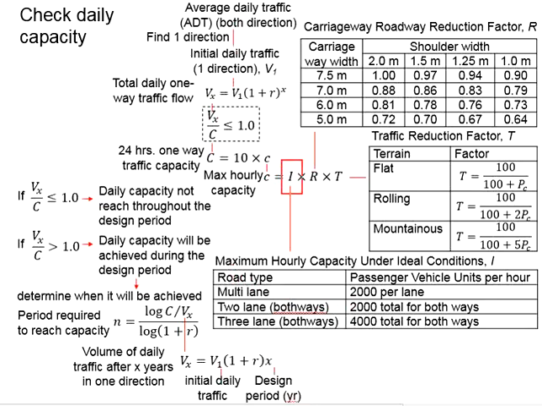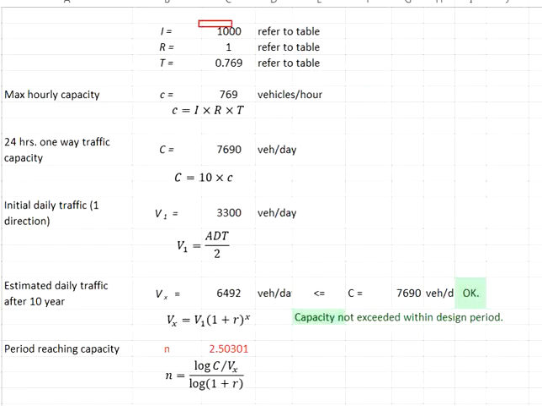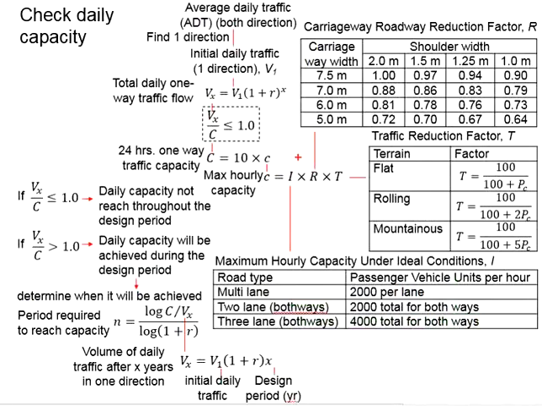First, the I here represents the maximum hourly capacity under ideal conditions. That means in one single direction, it will be 1000 passenger car units per hour. That gives you I equals 1000. The other two components here are the reduction factors.